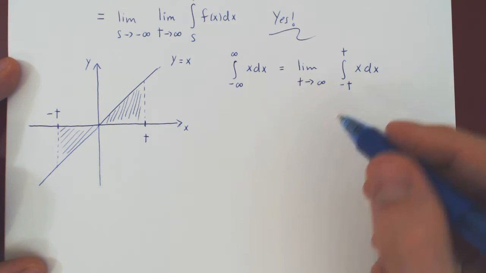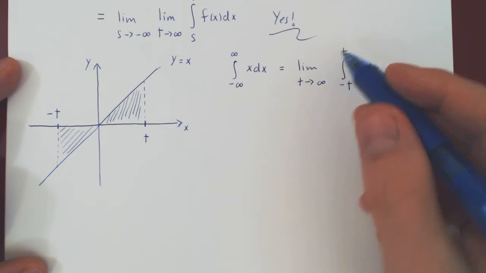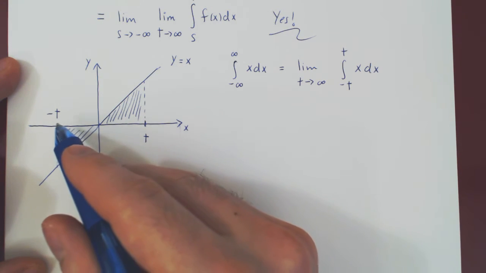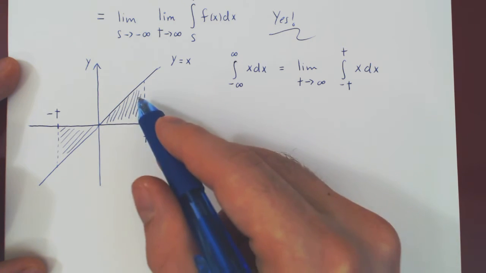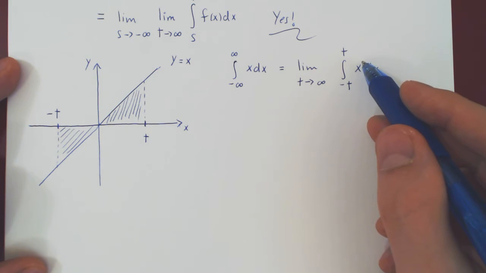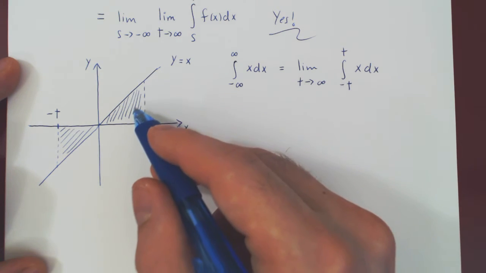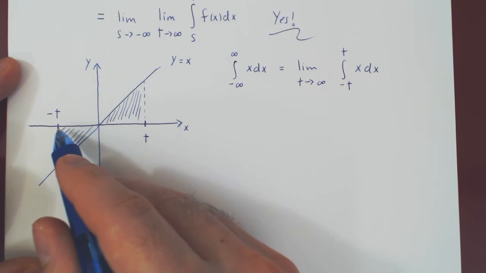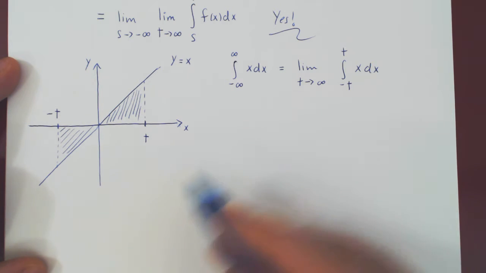But as we integrate from negative t to t, and clearly the function y equals x returns from negative t to t two regions with the exact same area, this will return, without the limit now, the area of this region minus the area of this region, which will always be 0 as our interval is symmetric about 0.